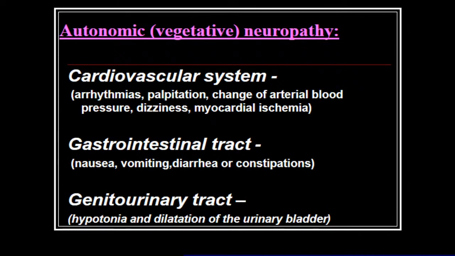Autonomic or vegetative neuropathy. Cardiovascular system: arrhythmias, palpitations, change of arterial blood pressure, dizziness, myocardial ischemia.